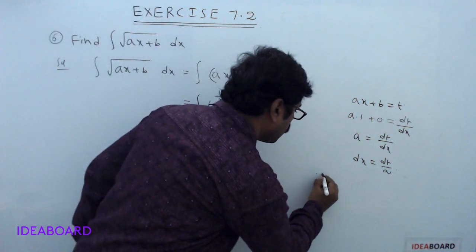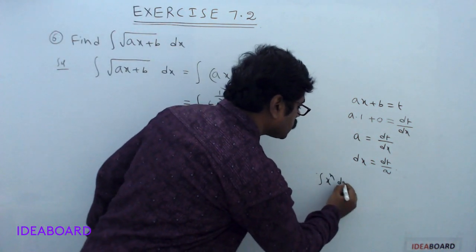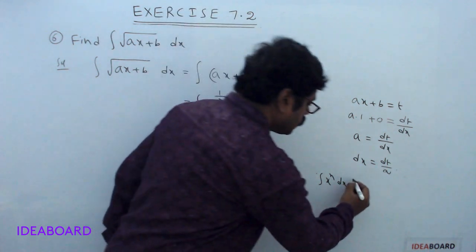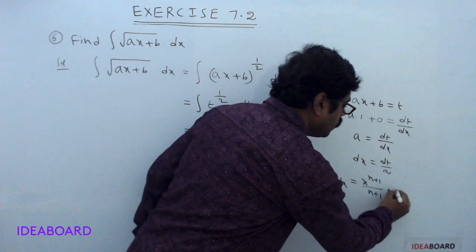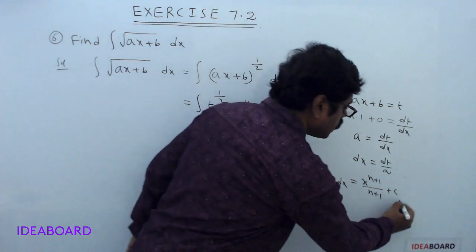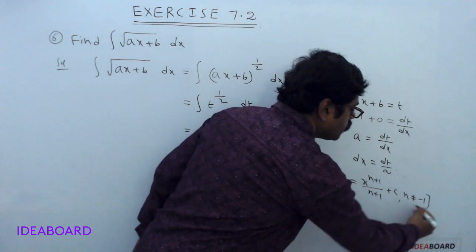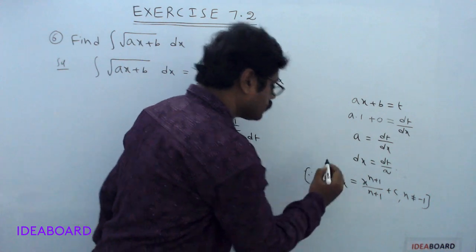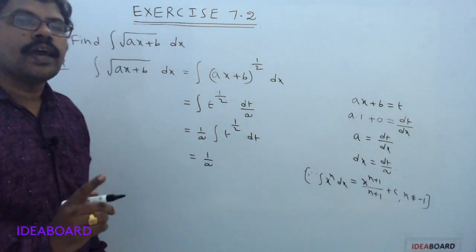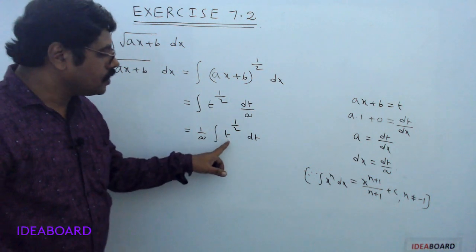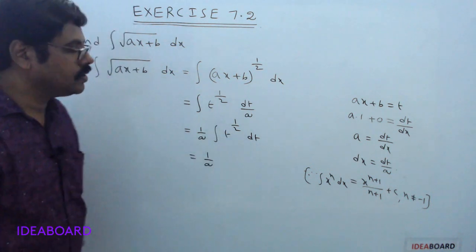Now what is the formula of integral x power n dx? That is x power n plus 1 divided by n plus 1 plus a constant term c, where n not equal to minus 1. Now by using this formula, what is the value of integral t power 1 by 2 dt?